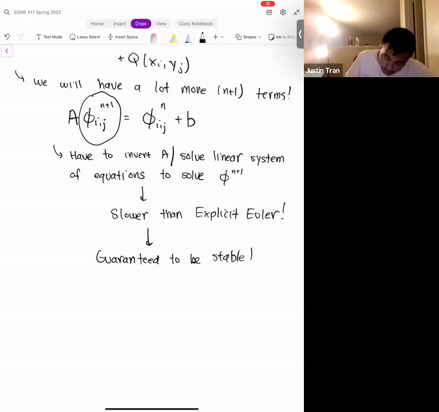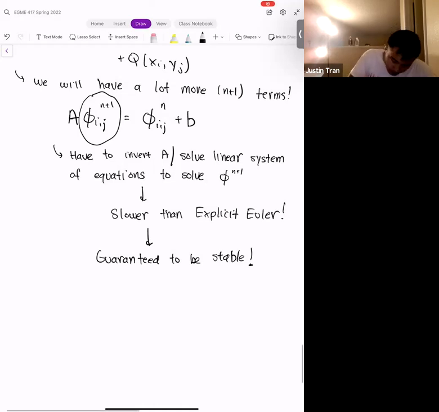And that's a huge benefit, especially if you're solving a very complex problem where maybe the velocities are changing with time, then a lot of times you just want to be safe and run a stable time marching scheme, without having to risk it.